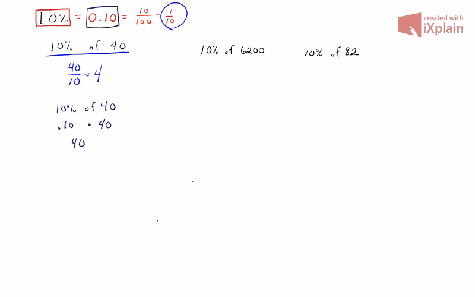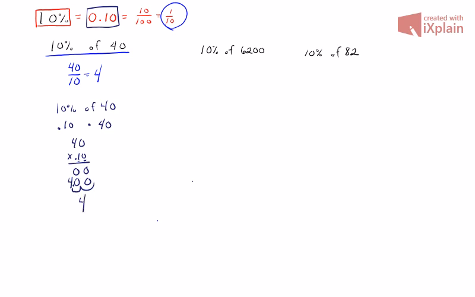So if we did that, just to show the long version, put a 0 to hold that place, and then 1 times 0 is 0, 1 times 4 is 4, and then I have 2 digits after the decimal place, so I'm going to move this in twice. That is also going to result in a 4.